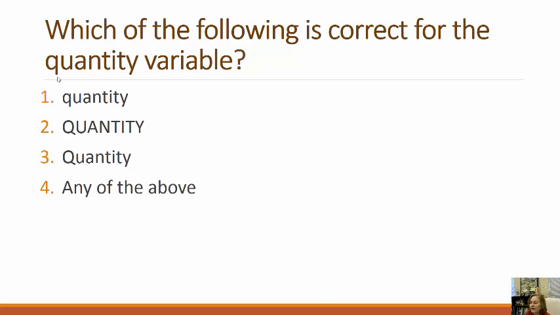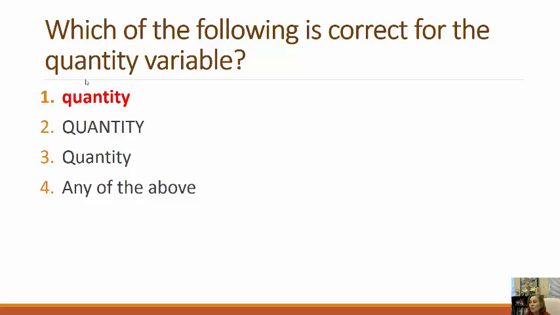Which of the following is correct for the quantity variable? The question is saying that quantity is your variable name. If you look at these, which would be valid names if you were having a variable named quantity? Would it be quantity with lowercase, quantity with all uppercase, quantity with a capital Q, or any of the above?